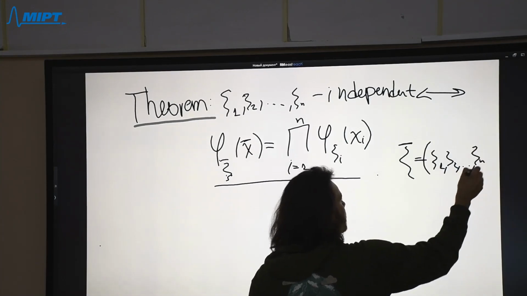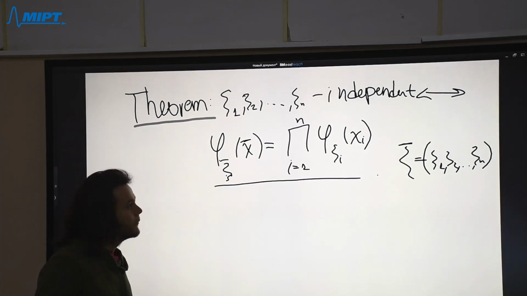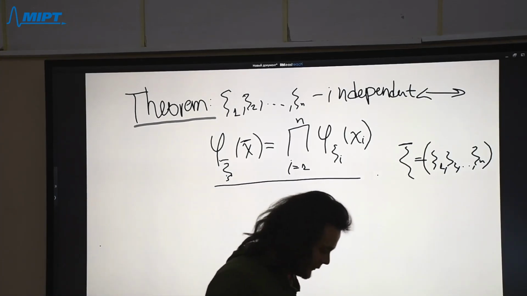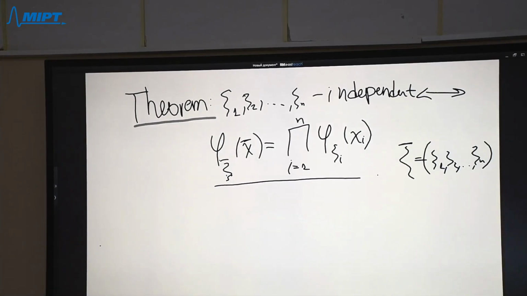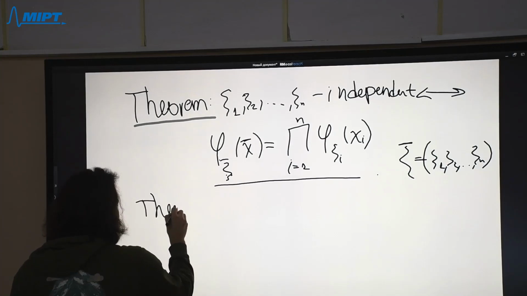So if the components of the random vector are independent, then we can declare the characteristic function of the vector like this. Exactly. Now we have the following theorem, which is like this.